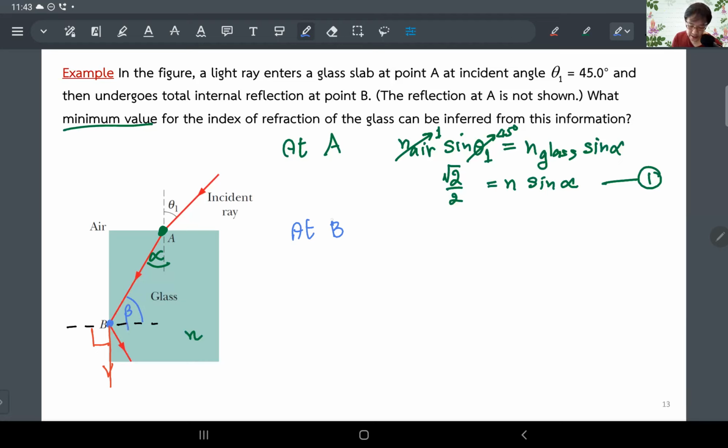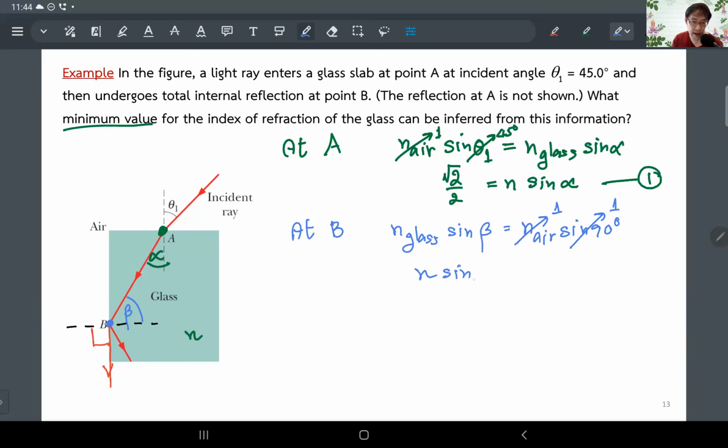All right. So at B, let's start from the glass. In glass, n sine of the incident angle beta must equal, as you go out into the air, n of air times sine 90 degrees. In air n is 1, sine 90 is also 1. In glass, we just call it n sine beta.